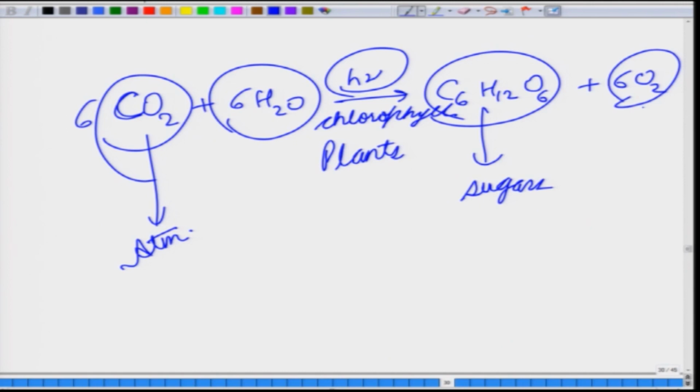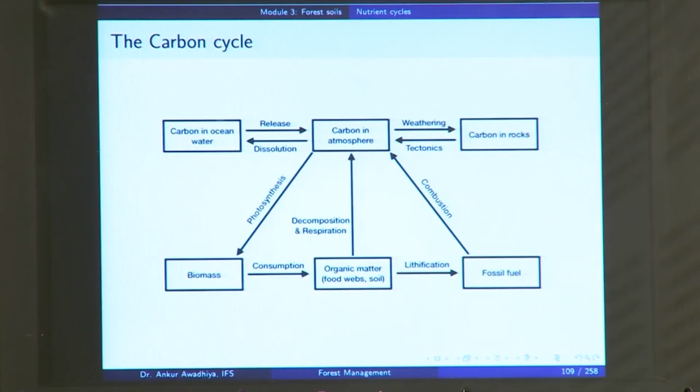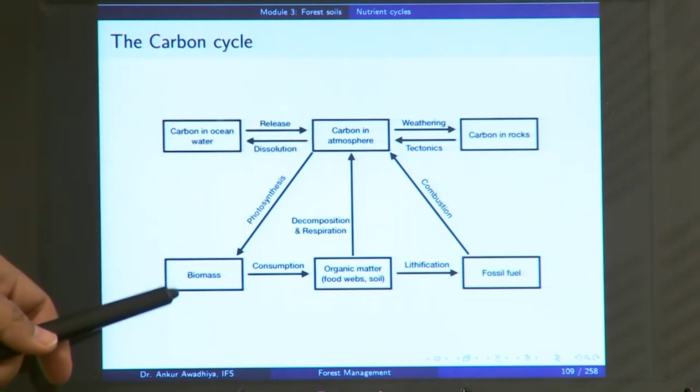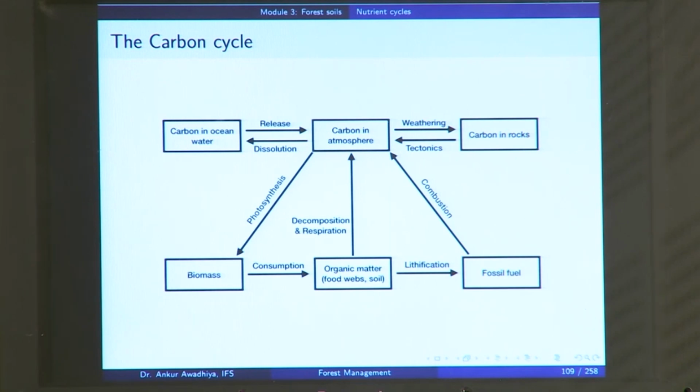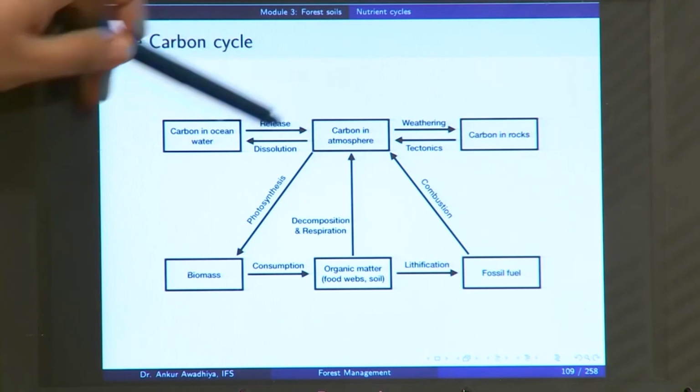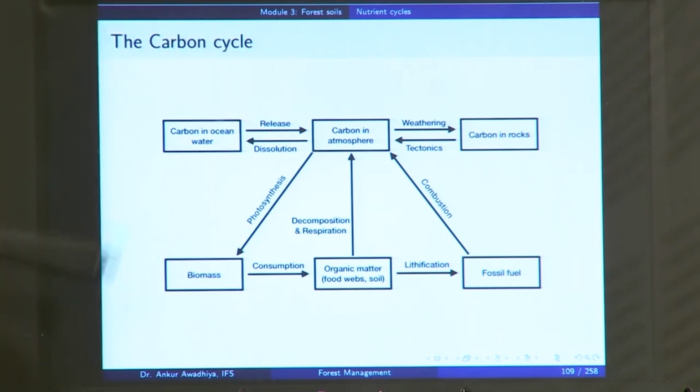Now, in the process of photosynthesis, the carbon that was present in the atmosphere in the form of carbon dioxide has now been converted into biomass in the form of carbohydrates. So, you are now seeing that the carbon is moving from the atmosphere to the biomass. Once it has entered the biosphere, these plants can be eaten by herbivores, which in turn will be eaten by carnivores, and so on, as we saw in the generalized nutrient cycle.